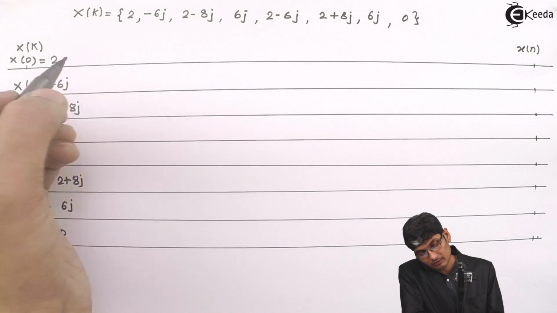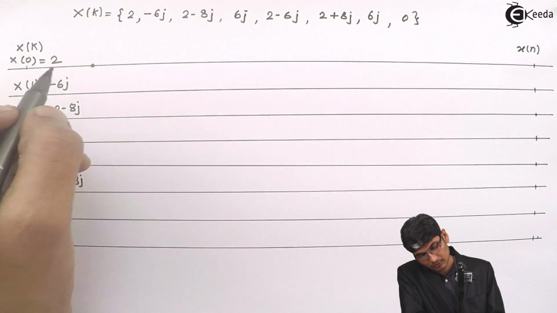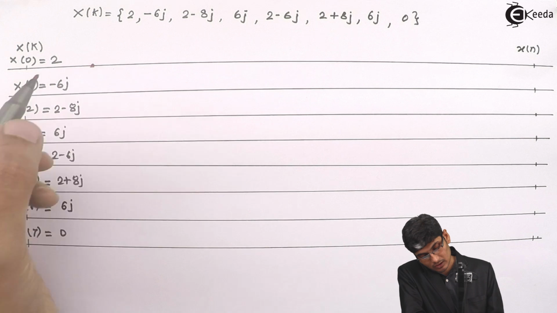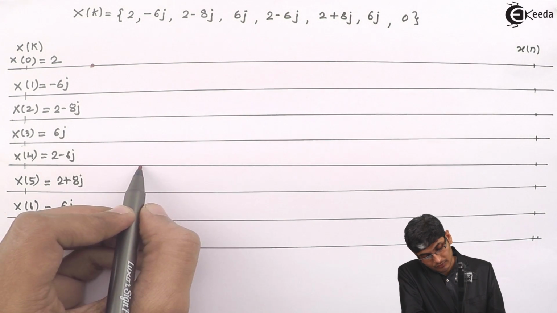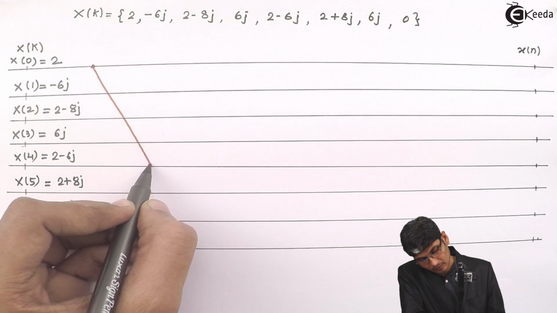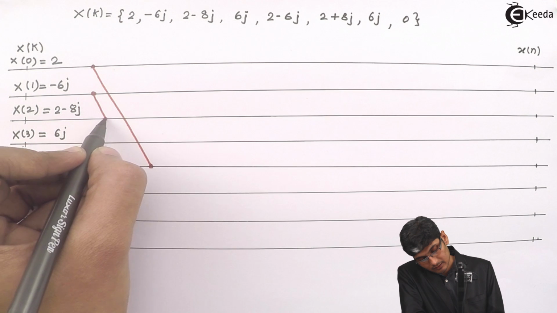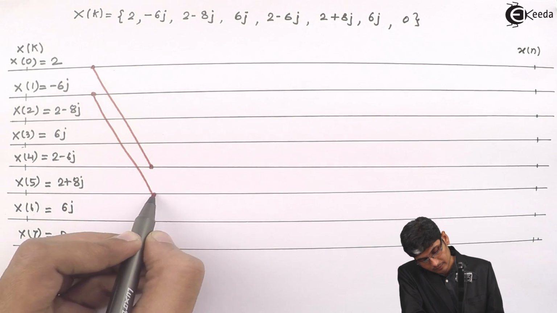In IFFT we need to find IFFT. So in IFFT the bigger crisscross starts first. So I will connect the first line to the fifth line, so from here to here. Then I will connect the second line to the sixth line.